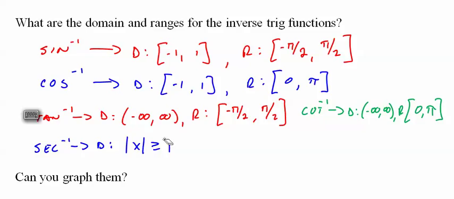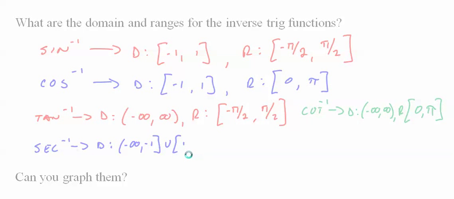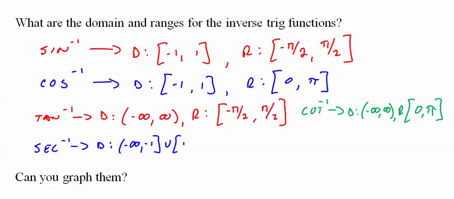You should get used to seeing that. It means negative infinity to negative 1, and from 1 to infinity. And its range is 0 to pi, as long as you don't have pi over 2 in there.